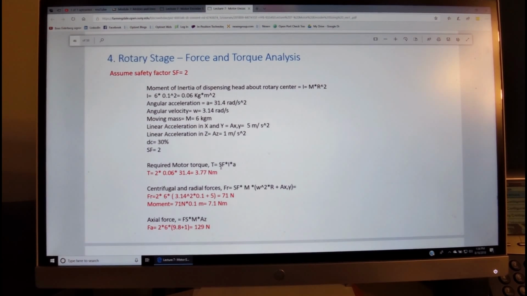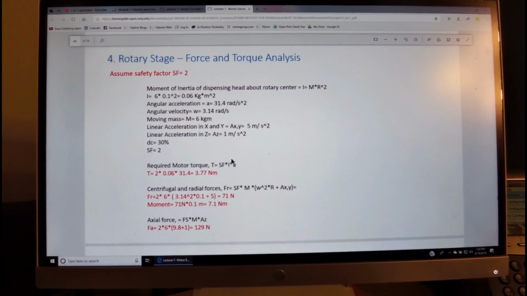And if we multiply the inertia of the rotary stage and the nozzle times the angular acceleration times the safety factor, we can come up with the torque required by the motor for the rotary stage: 3.77 Newton meters. We need that when we size the motor.